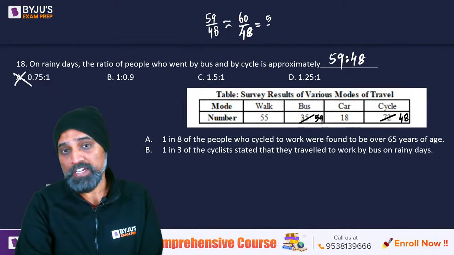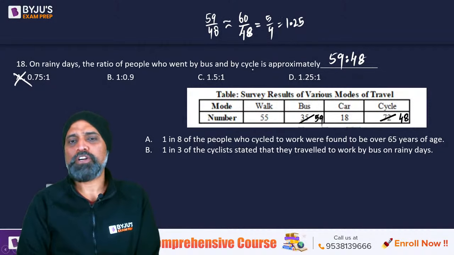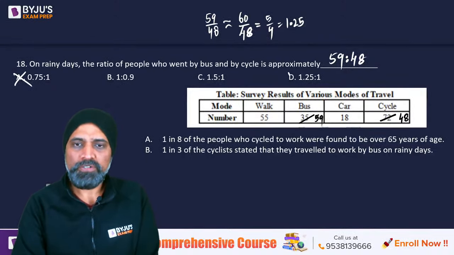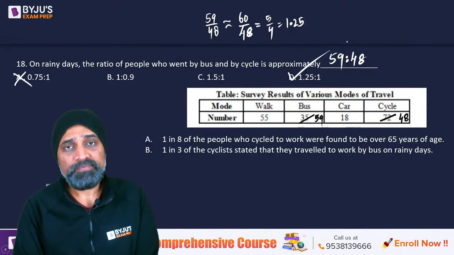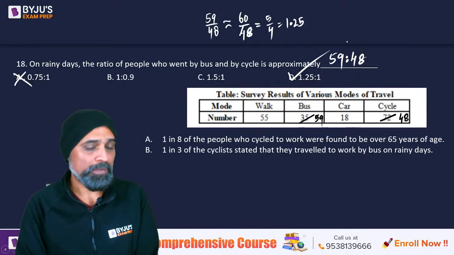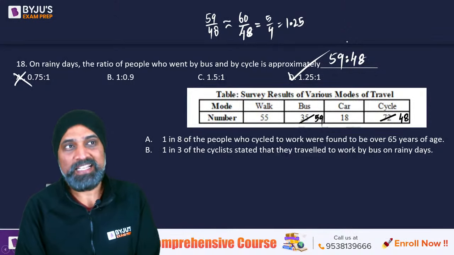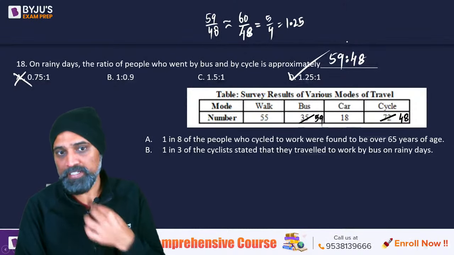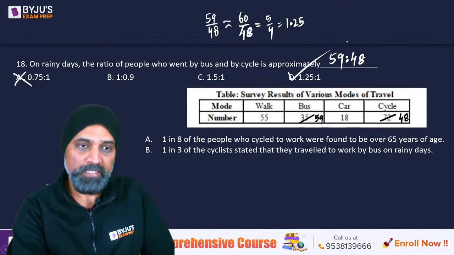So this is 5/4, which is 1.25. So 59/48 should be a little less than 1.25, right? So D makes sense the most. 1:0.9 will not happen, because if 59 is 1, 0.9 of that will be about 6 less, which will still be above 50. Definitely not 48. So B doesn't make sense at all.